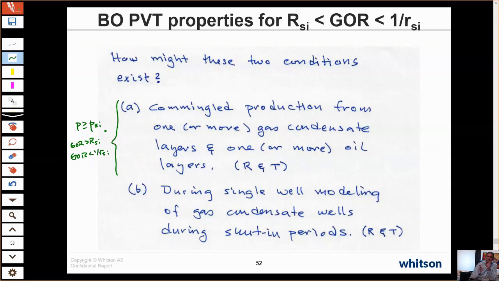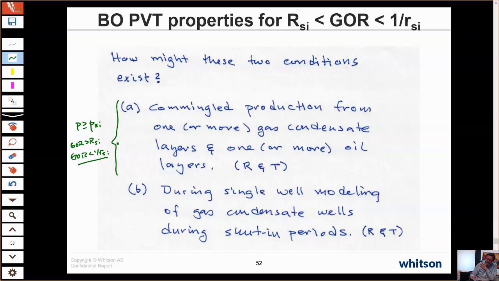Okay, this is this problem area, and we have no properties. That situation is not so uncommon. Commingled production. Why? Because it takes fewer wells to develop the field, which is less money.